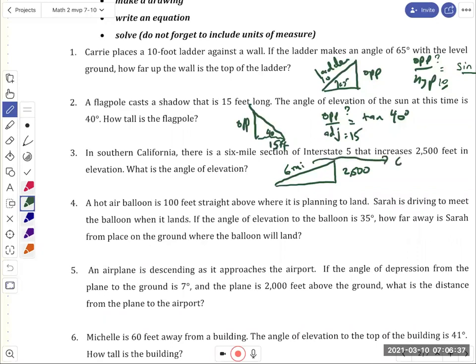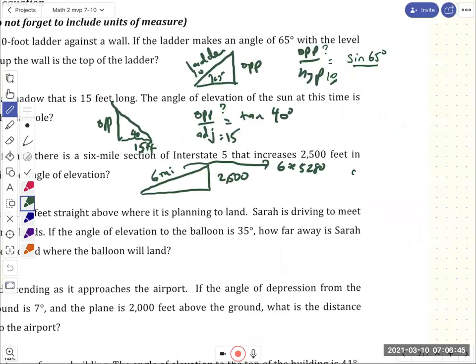You're going to say 6 times 5,280 and 2,500. Then you say opposite to hypotenuse is 2,500 to 6 times 5,280, and that opposite to hypotenuse is sine.